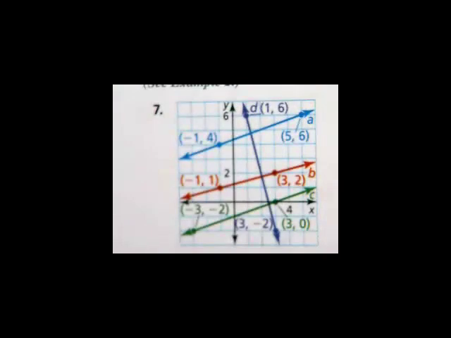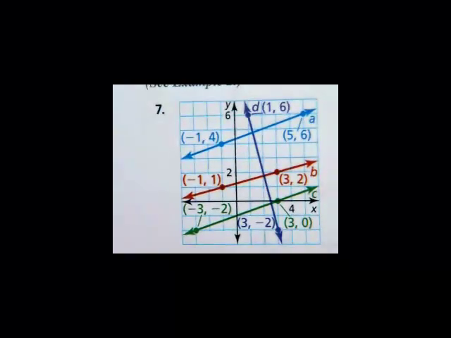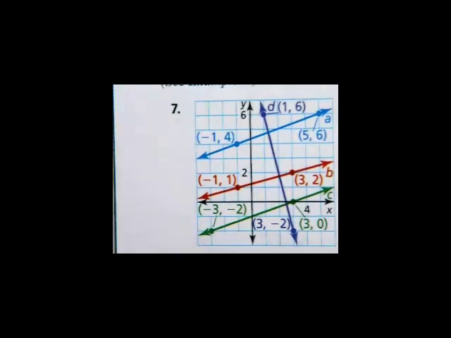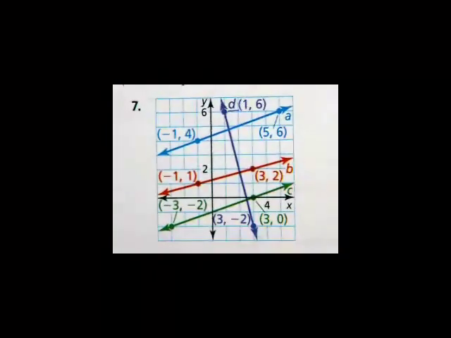So number 7... Let's zoom this guy in. Now, got to be careful with this one, okay?